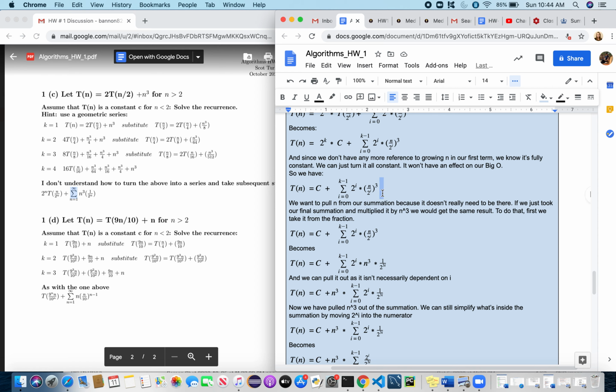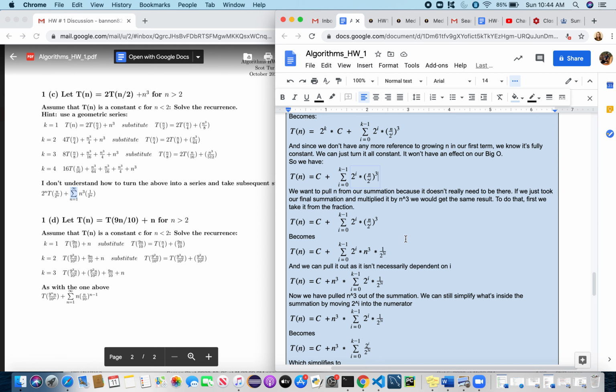So we want to break up this fraction in here and eventually extract the n, because however 2 to the i and this lower denominator 2 to the i to the third grow, at the end of the day, it's going to be the same as if n was out here and just multiplying by them. So we want to extract n.